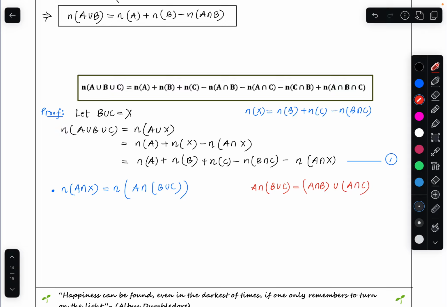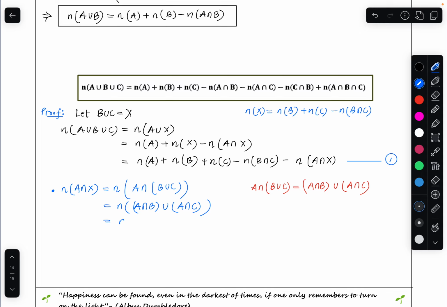So it would be the same as the number of elements in (A intersection B) union (A intersection C). And then again we come back here. The union of two sets is given by this relation. This is the first set, this is the second set. So I'm looking at the union of X and Y basically.